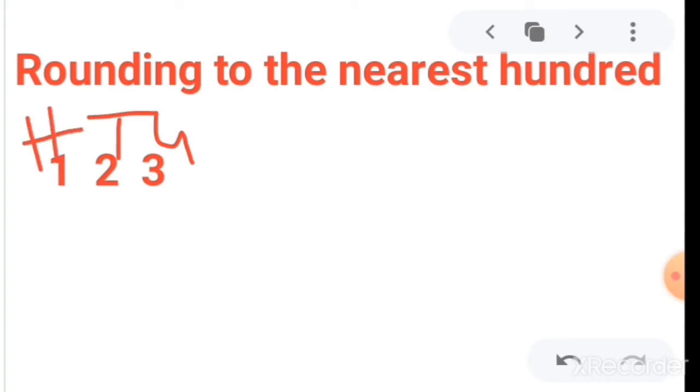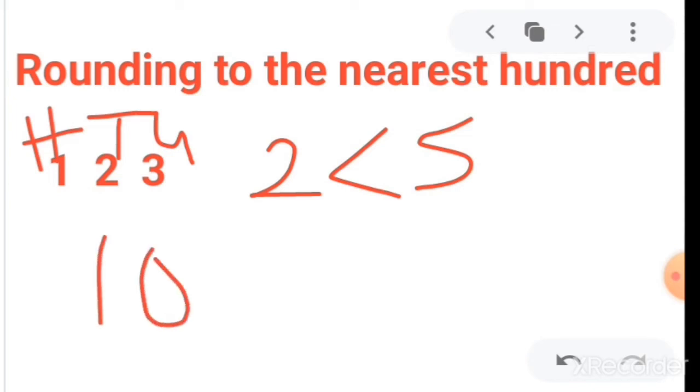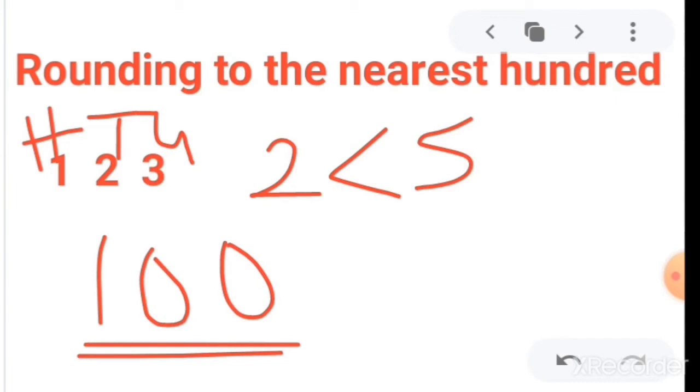So 1 is in the 100th position, and the number immediately after 1, which is 2, is less than 5. Because 2 is less than 5, we replace it with a 0, and the number after it also is replaced with a 0. So to round 123 to the nearest 100, it becomes 100. I know it's very easy.